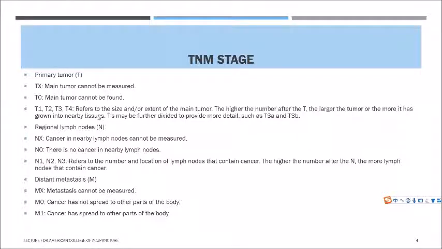So any cancer going from the original site into close local tissue is already stage 2. If it metastasizes to another organ, no matter which organ, that's stage 4. So staging is not so strict. That's why we would rather use T, tumor size, N, how many nodes involved, and whether there is metastasis or not.